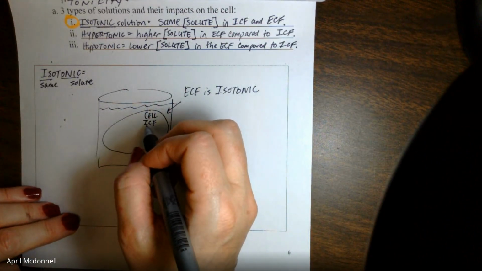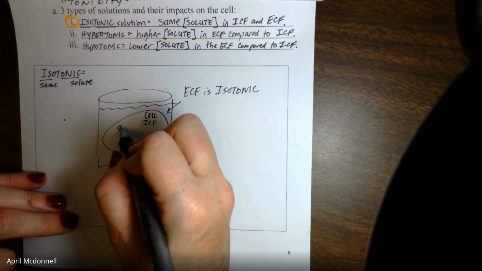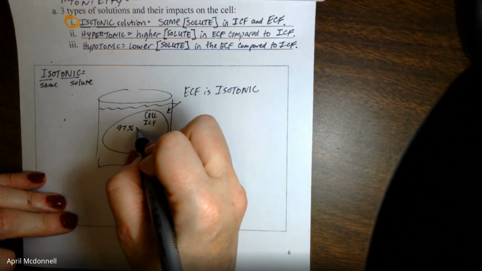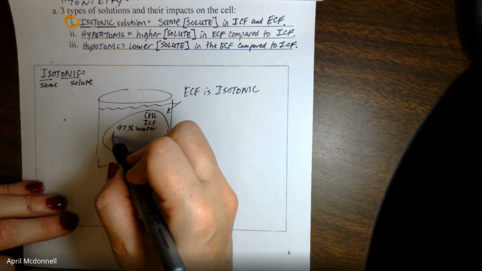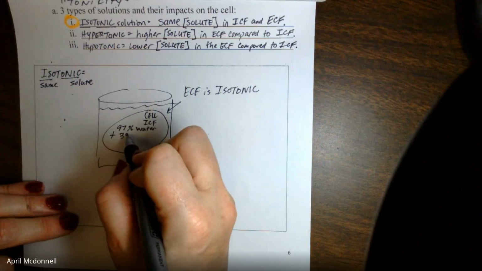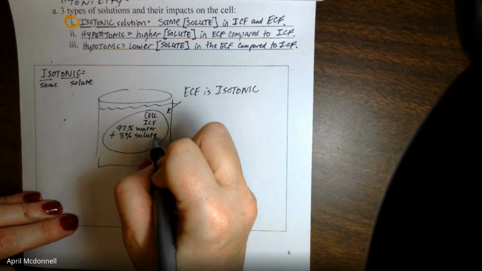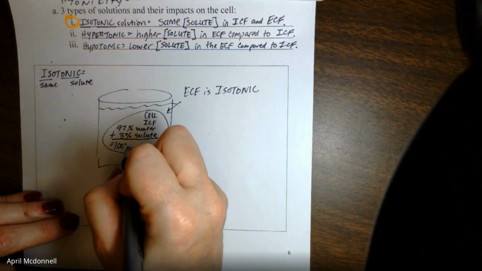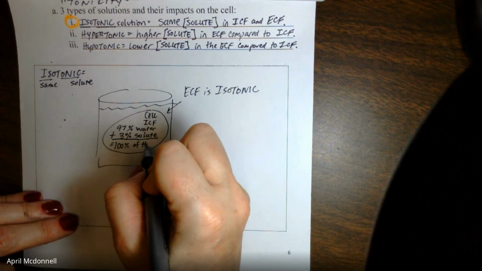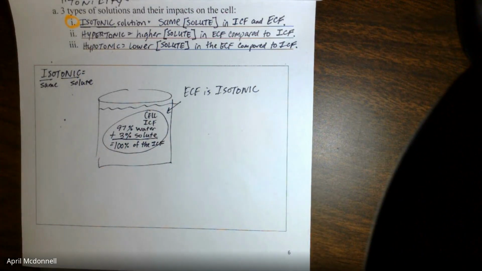The cell in this example is composed of 97% water. That means the other 3% are those various substances that we call solute particles. We have to account for 100% of the ICF.